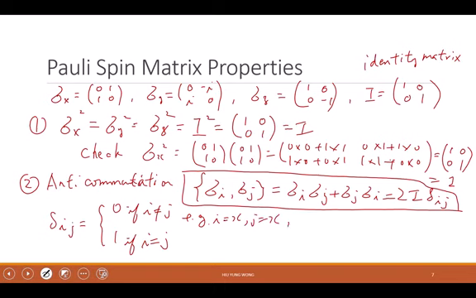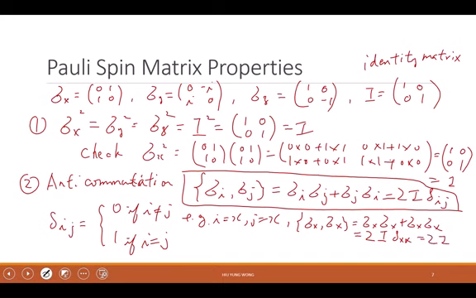As a result, sigma x sigma x plus sigma x sigma x, because i equals j, equals 2I delta xx, but xx is just the same, i equals j, so this is I, which is 2I.